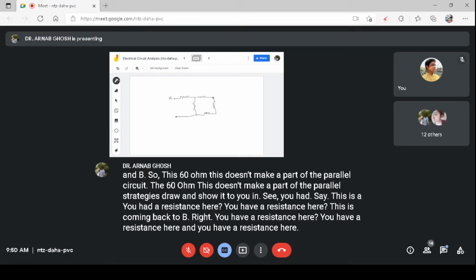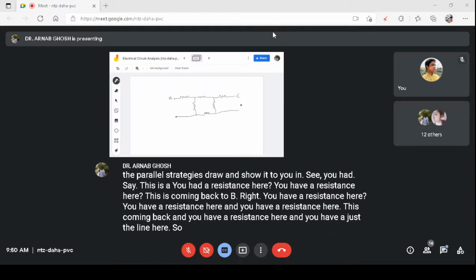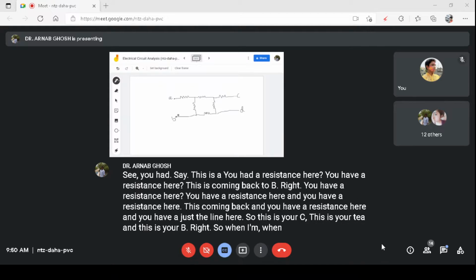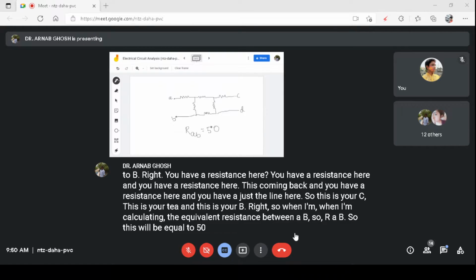This is coming back, and you have just the line here. So this is your C, this is your D, and this is your B. I'm calculating the equivalent resistance between AB. So RAB will be equal to 50 because this has been given as 50.